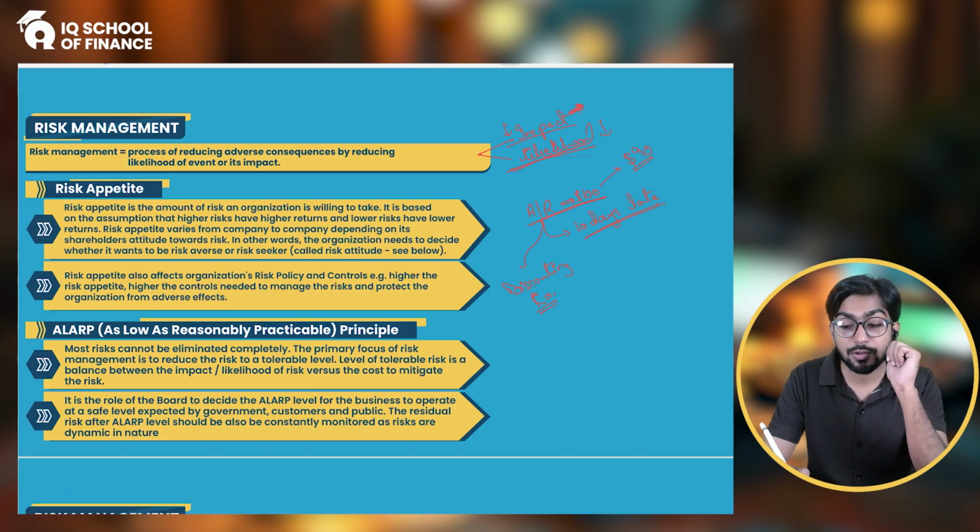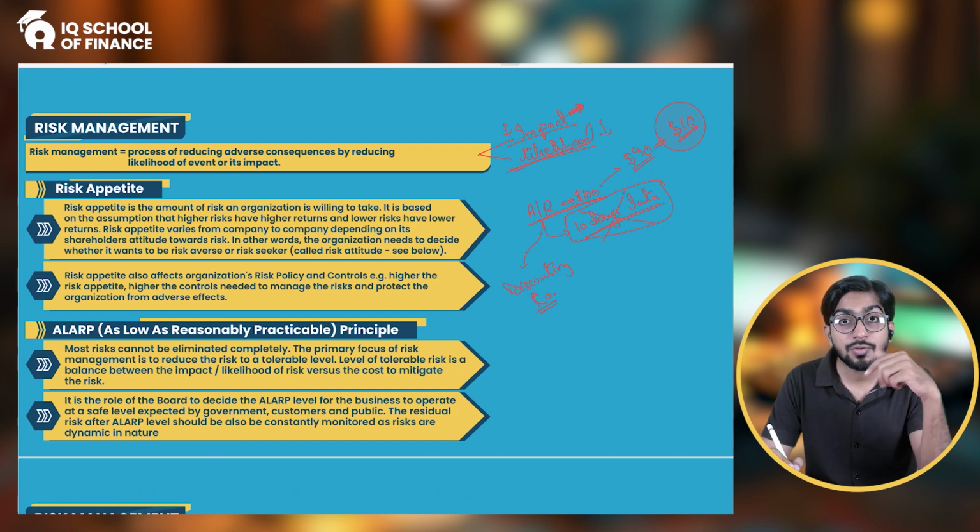So did you notice one thing, that for that $90 quick cash, an on-spot payment, and to eliminate this delay, you have to pay a $10 fee. You have to incur the $10 cost. So as a company, you have to analyze whether this $10 cost is bigger, or this 10 days delay is bigger.